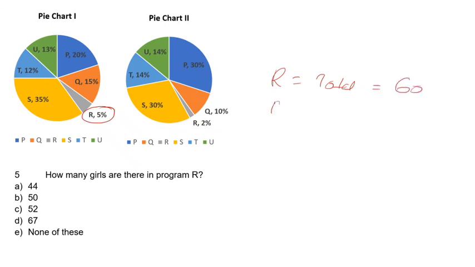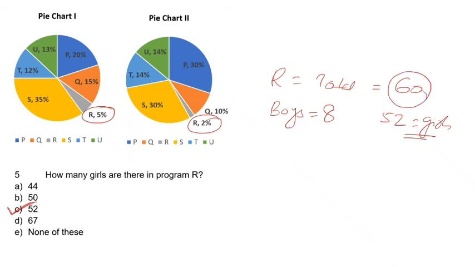Out of that 60, we have seen only 2% is boys. 2% of 400 is 8. So the remaining 52 will be girls. You can mark the correct option as 52. Total is 60, 5% of 1200, out of which 2% of 400 is boys, that is 8 boys. So the remaining are girls.